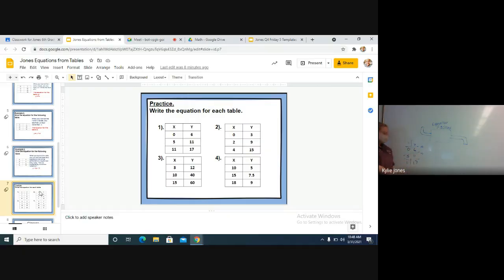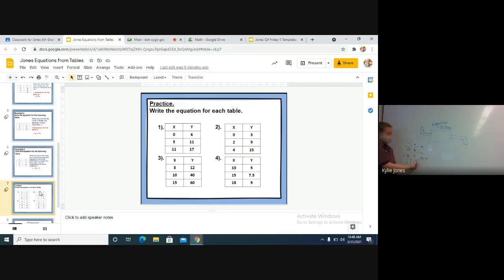So another way that we could get to 11 from 5 is we could multiply by 3 and then subtract 4. 3 times 5 is 15, minus 4 is 11. And then we have to check to see if that works for the other ones, though, because it might not. Let's look at this one. For this one, how can we go from 11 to 17? What's one way? The easier way.